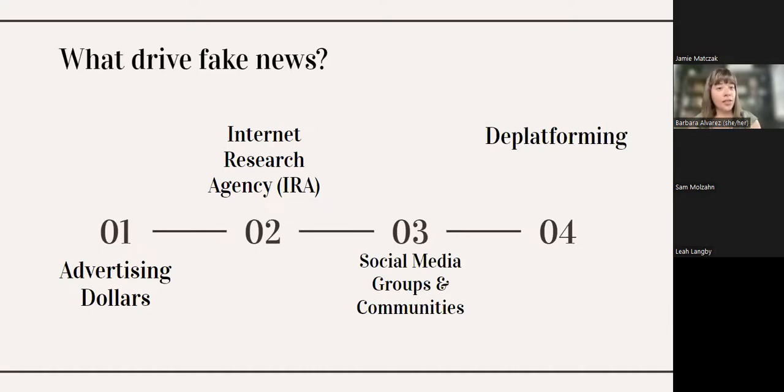IRA is an organization in Russia that quite literally operates like a business. They have a headquarters, there are cubicles for people to work in, they have tasks. It's just like going into work, except the whole goal of the job is to create fake news and to infiltrate, particularly in American politics.